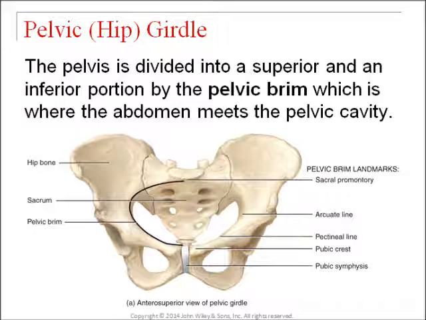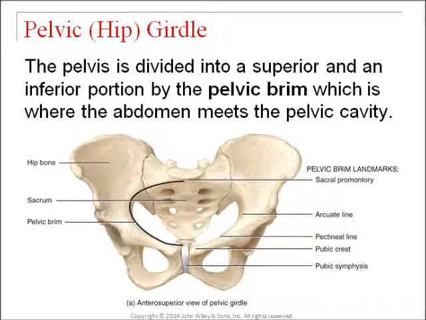We can actually further subdivide the pelvic girdle. So when we put the left and right ilium and the sacrum together, we get our pelvic girdle, which will divide into a superior and inferior portion. The dividing line will be the pelvic brim.